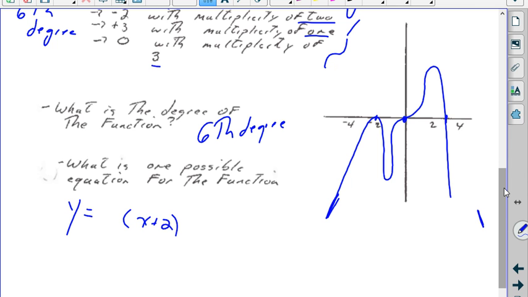That's a multiplicity of 2, so I have 2 of them. I'm lazy, I'm going to write squared. x plus 2 times x plus 2. I have a root at positive 3. The factor that corresponds to positive 3 is x minus 3. I only have a multiplicity of 1. Therefore, I'm not going to bother putting in an exponent.